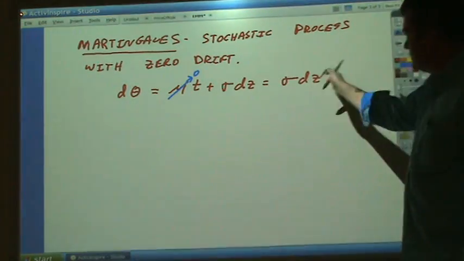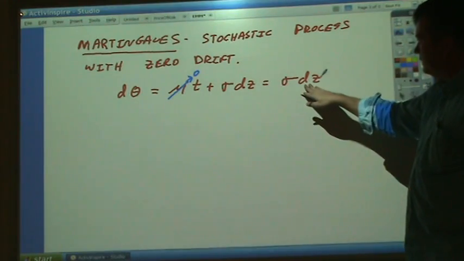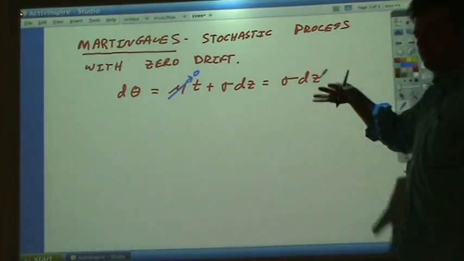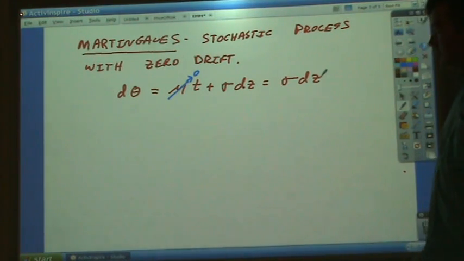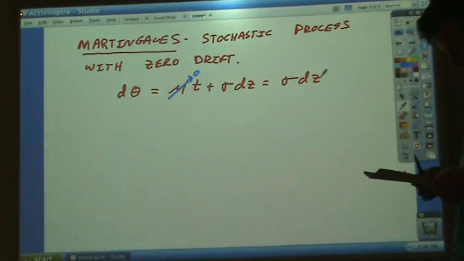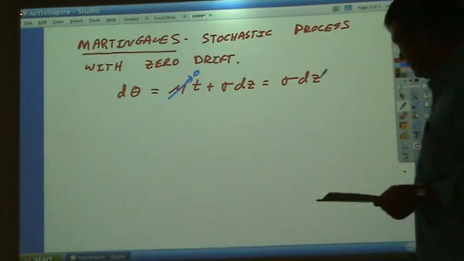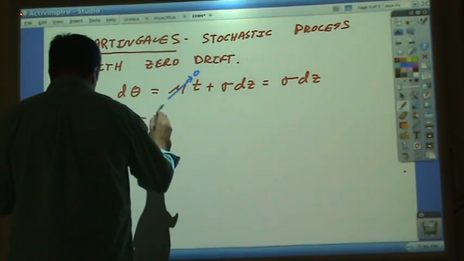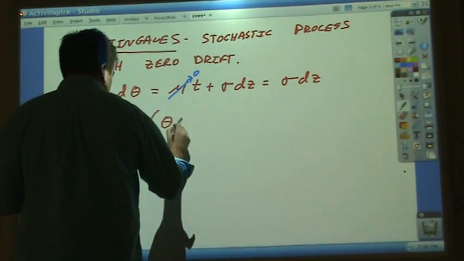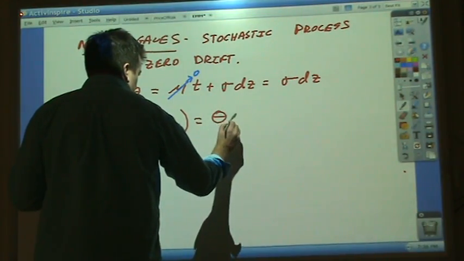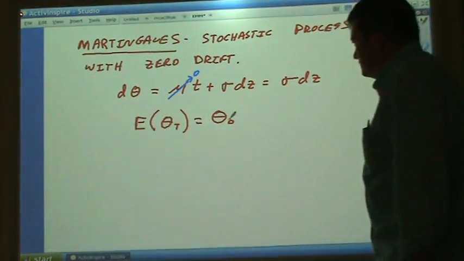So really a martingale is any process that is just a Wiener process, maybe even times a factor. It doesn't drift up or down, but it can move around. And we also say that the expected value of the process at time t is equal to the expected value when it originally started, at time 0.